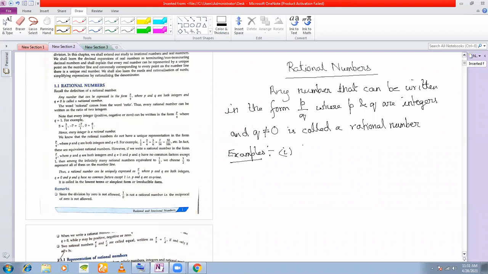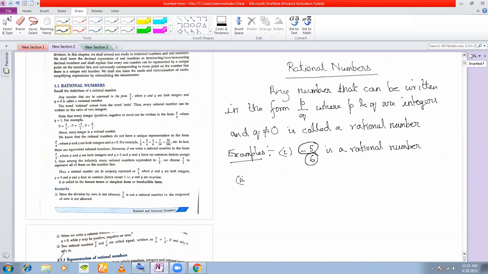Number one, minus 5 by 6 is a rational number. In fact, any fraction is a rational number. Why? Because in the numerator you have an integer, minus 5, and in the denominator you have an integer, 6.